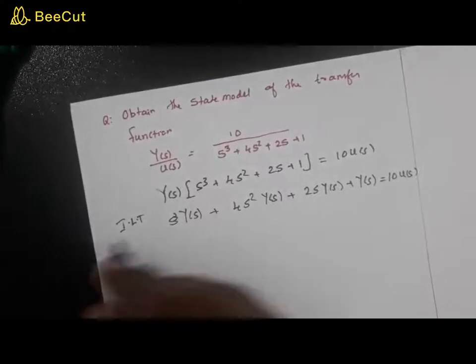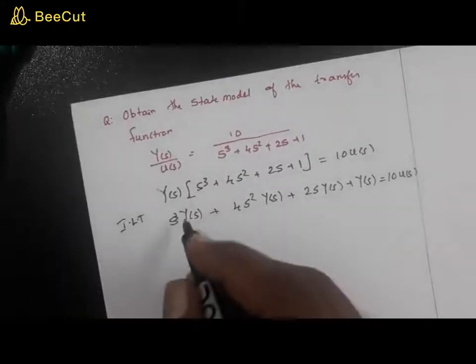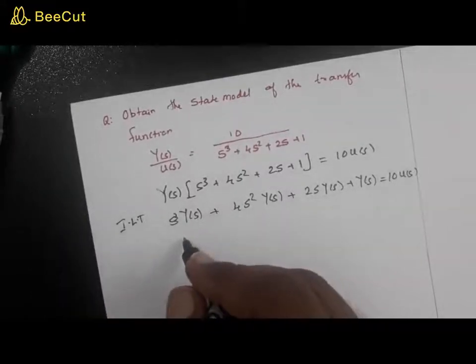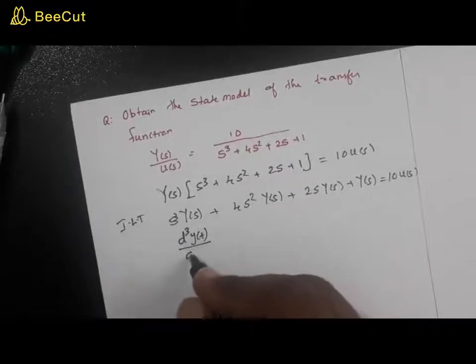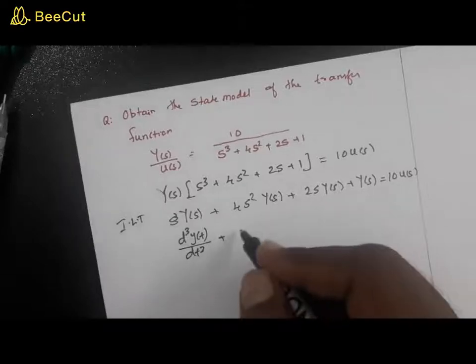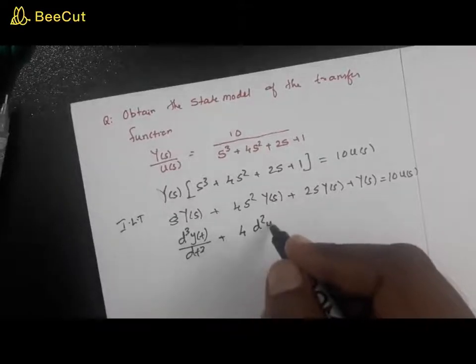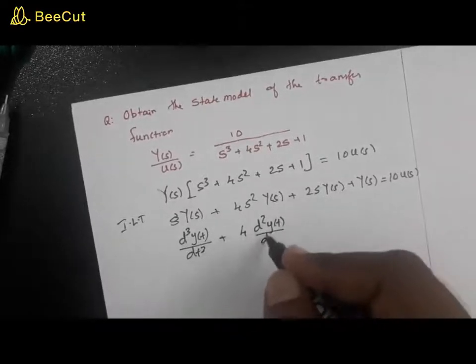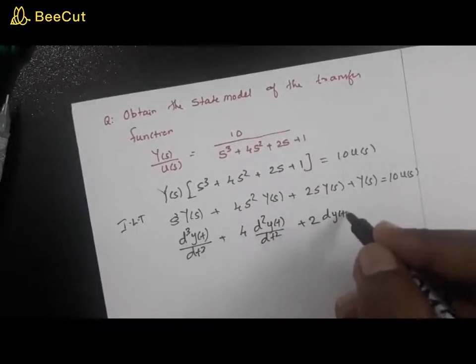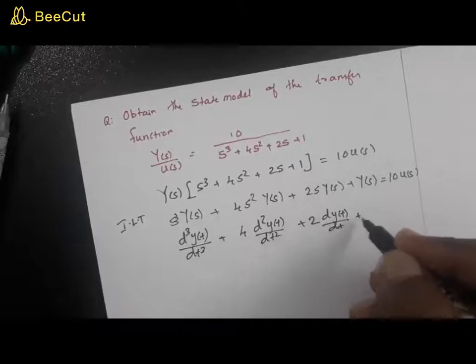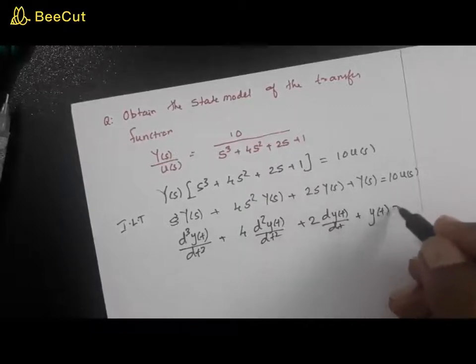Okay, now taking the inverse Laplace transform, what you get is d cubed y(t) by dt cubed, plus 4 times d squared y(t) by dt squared, plus 2 times dy(t) by dt, plus y(t) is equal to 10 times u(t), right?